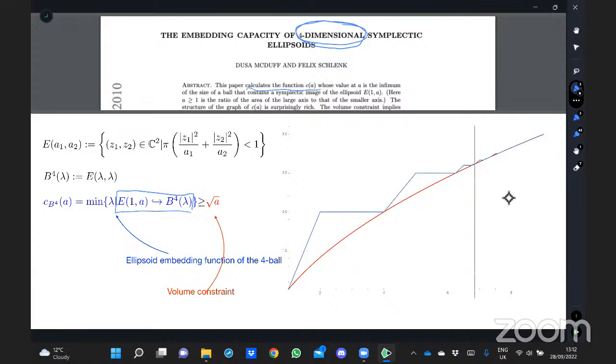Maybe I should say why ellipsoids? It's because a problem that was studied before this one, again in this thing of trying to embed things into other things, was: if you have, for example, a certain number of balls, say 3 balls of capacity 1, and you want to embed them into another ball, what is the smallest scaling, the infimum size of a ball into which they embed all together?